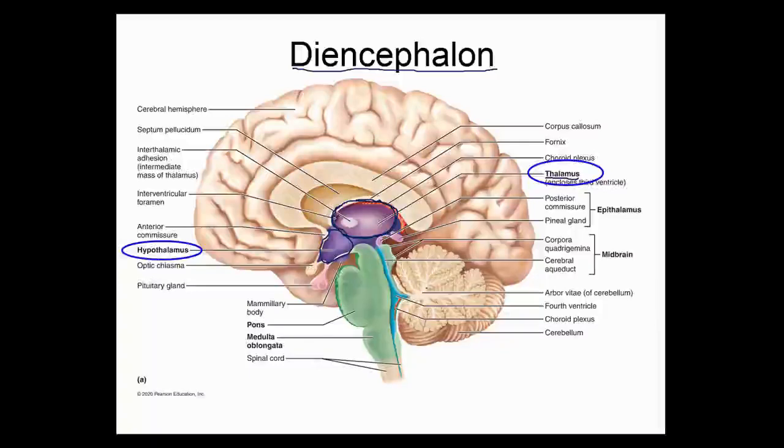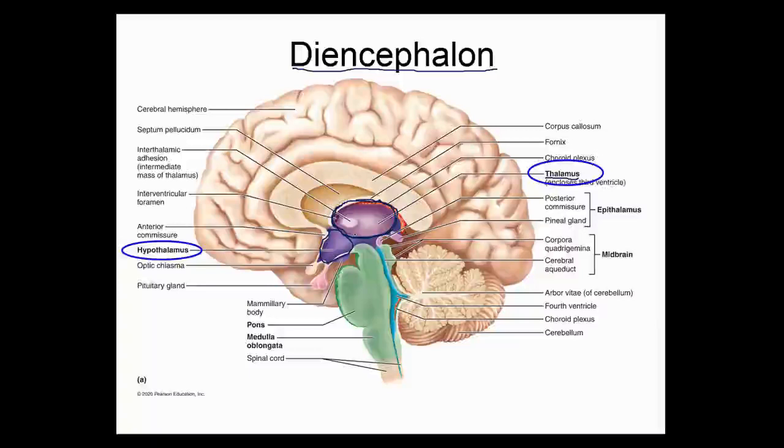The midbrain sends signals into the diencephalon, which receives signals from the cerebellum. But it's the role of the thalamus to distribute these incoming signals from the body and these other parts of the brain here.